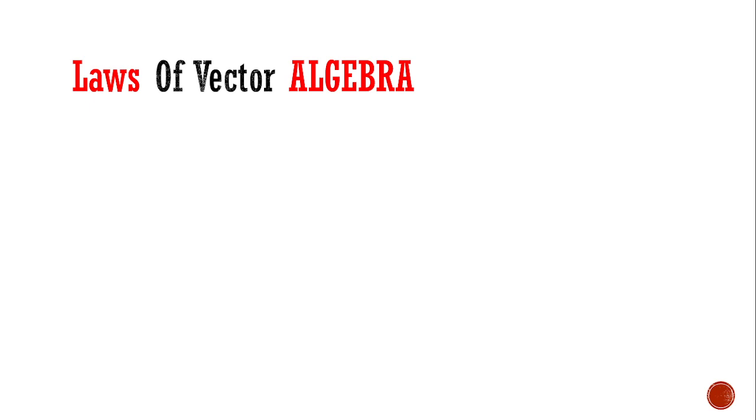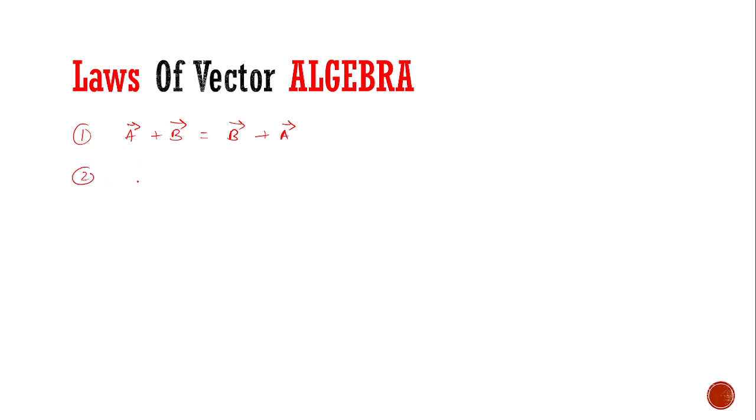So what are the laws of vector algebra? The first law of vector algebra is, let us say, A vector plus B vector is equal to B vector plus A vector.